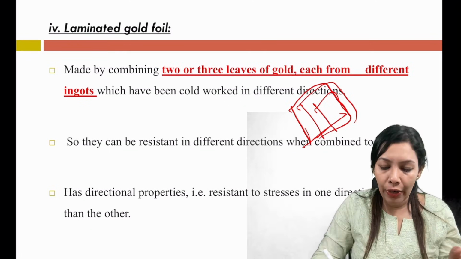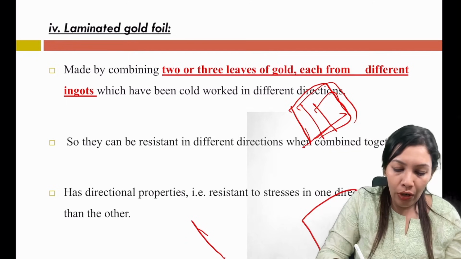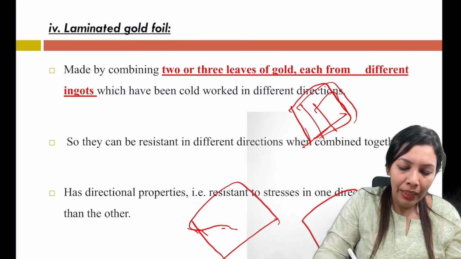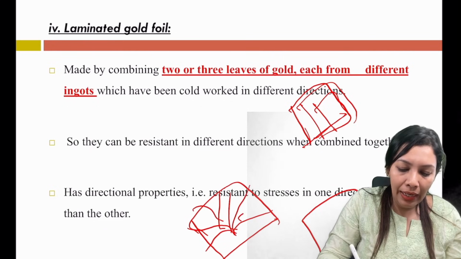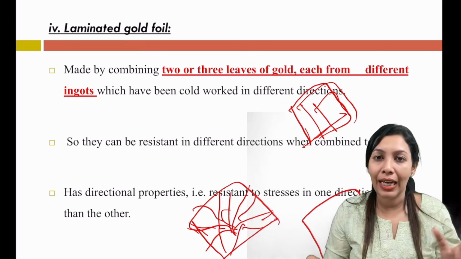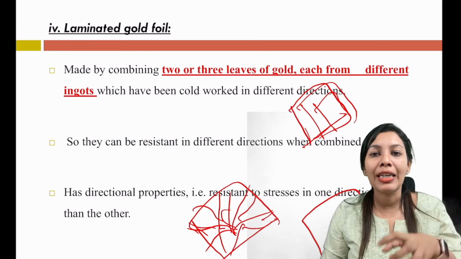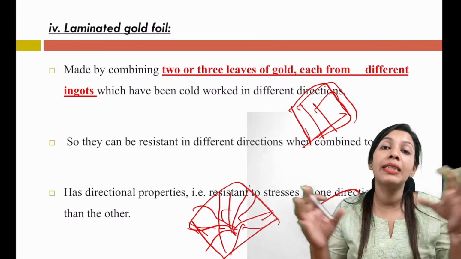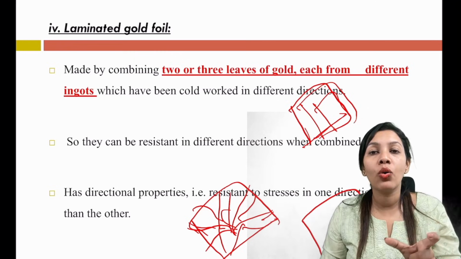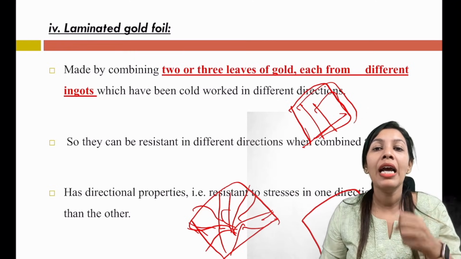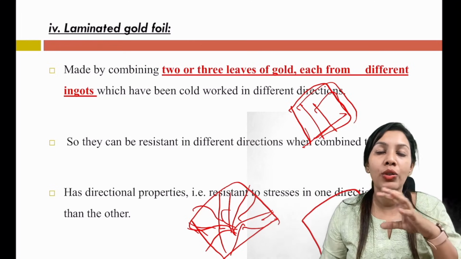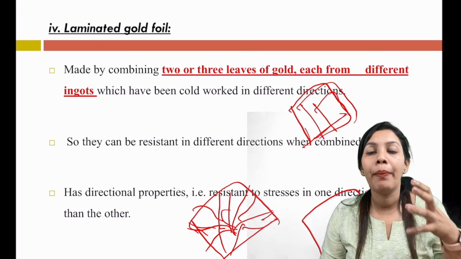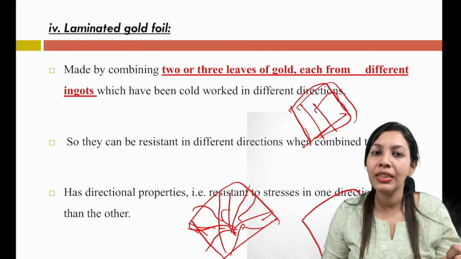So we get a newer gold foil where the direction of the gold is different in each layer, so that the forces acting on the area will be dissipated easily. The laminated gold will be stronger in order to compensate for the masticatory forces which fall on its surface.